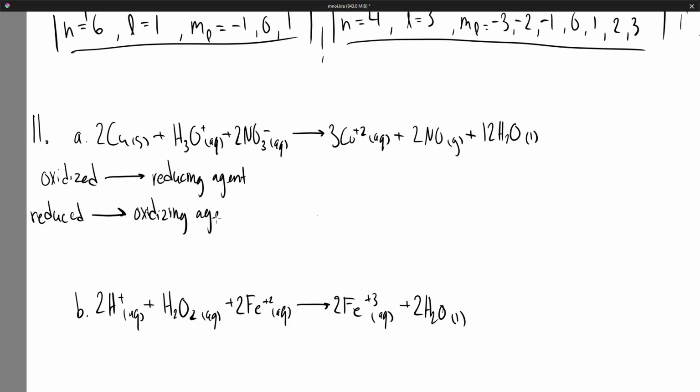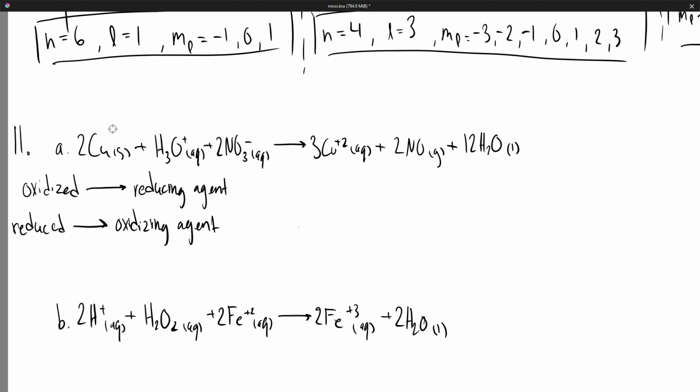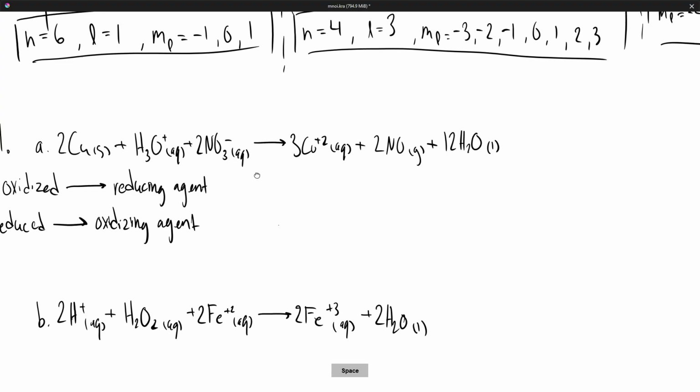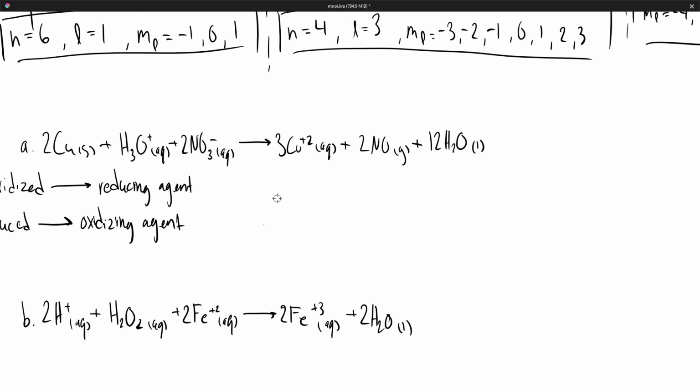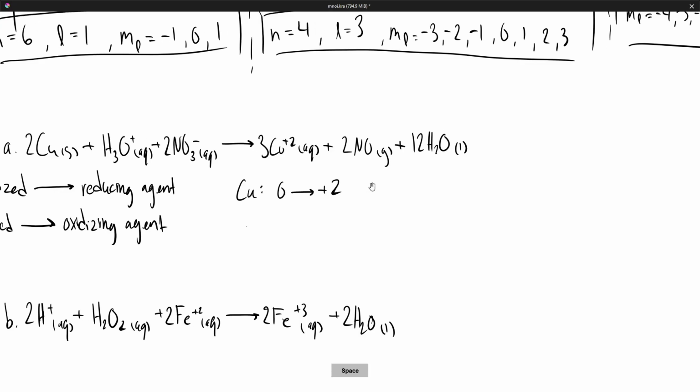Okay. So which of these species is being reduced and which is being oxidized? I can't hear your answer, so I'll just say it for you. Copper is going from a 0 charge, it's charge neutral here, up to a +2 charge. That is oxidation.